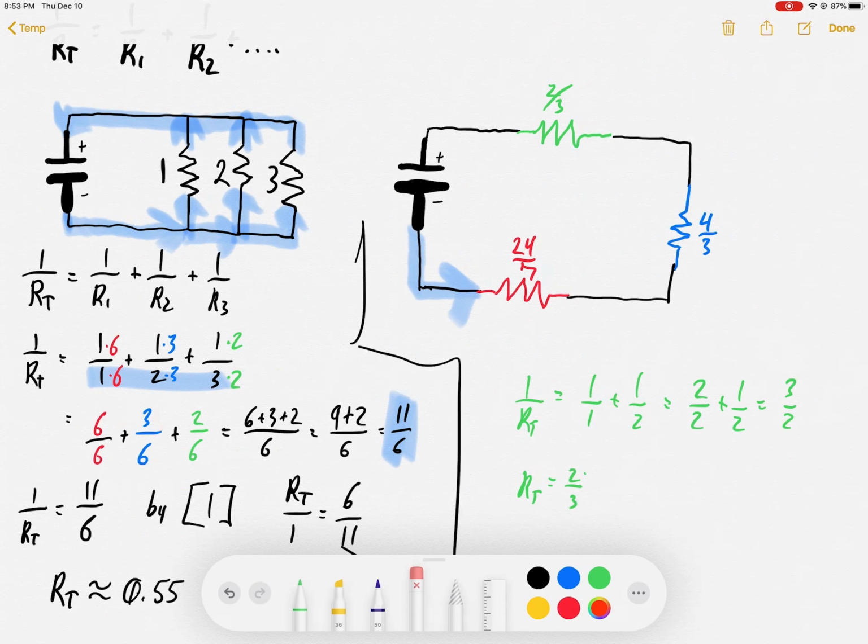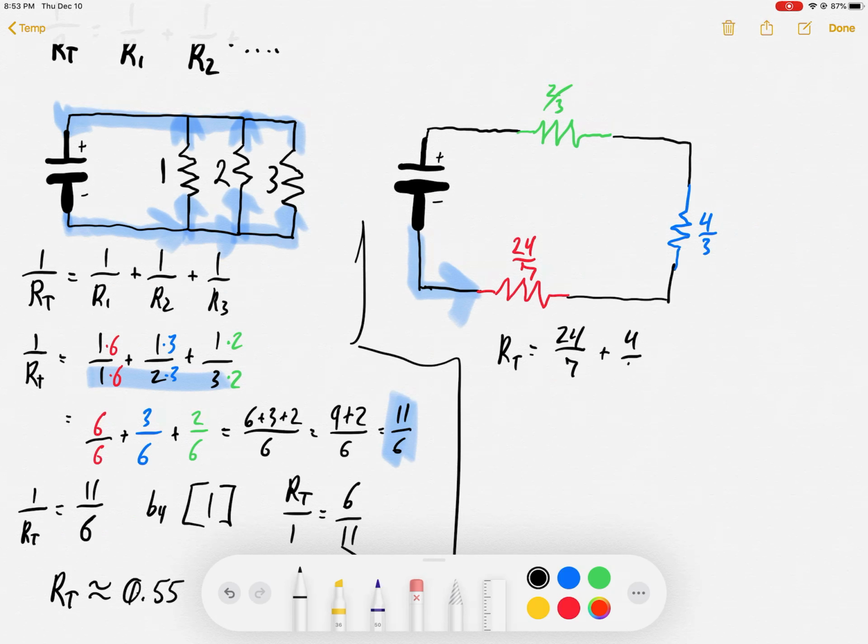Two-thirds ohms. All right. And then what you're left with now, it's not that you actually changed it, but what this is equivalent to is now a series with resistors 24/7, 4/3, and 2/3.